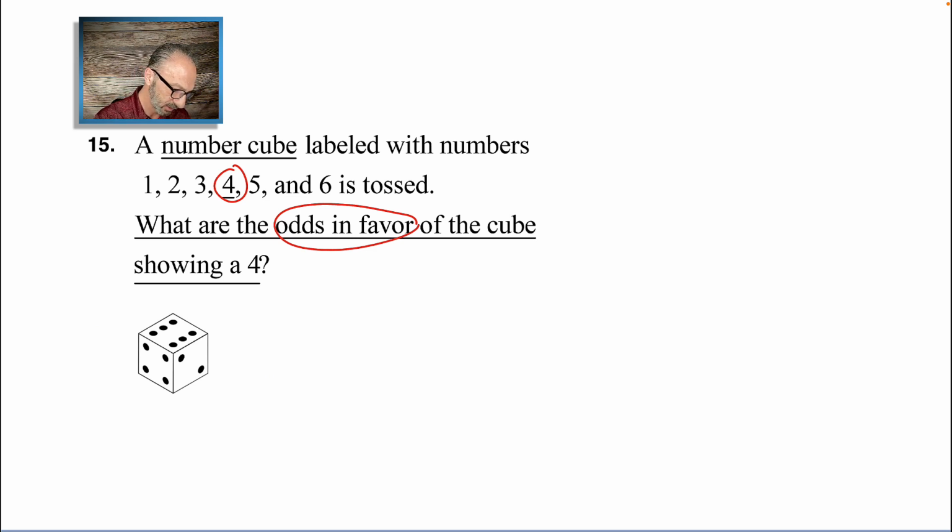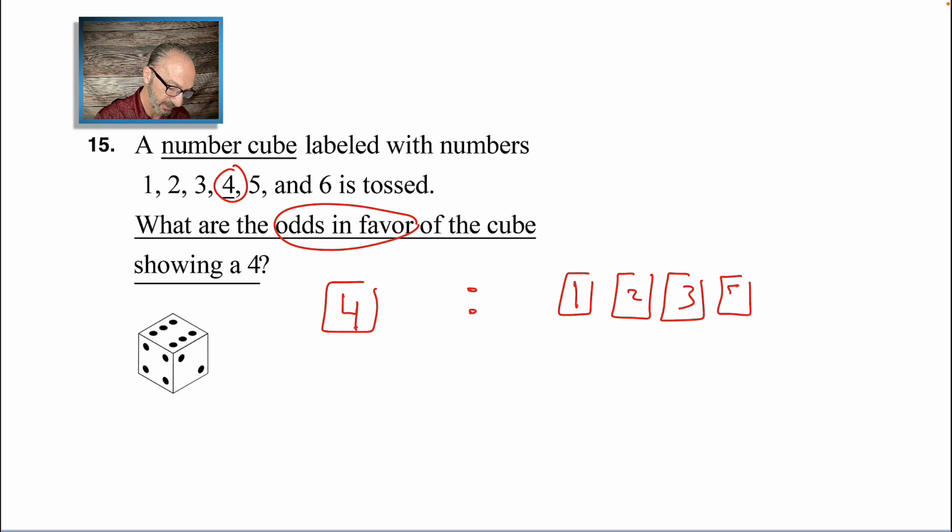In this case, we're just in favoring number 4. So number 4 is on my side, and all these numbers are against me: 1, 2, 3, 5, and 6.